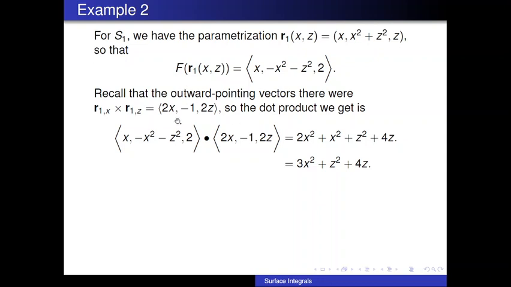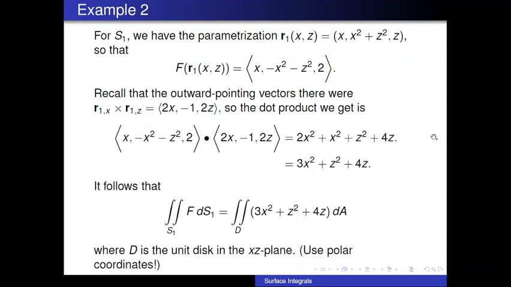So now let's take the dot product of f of r with this cross product here. And so what do we get? 2x squared plus x squared plus z squared plus 4z. So we can simplify this to 3x squared plus z squared plus 4z.